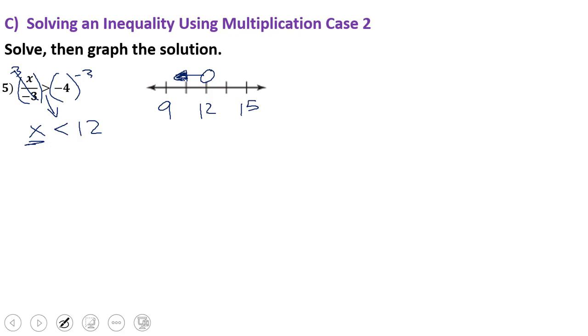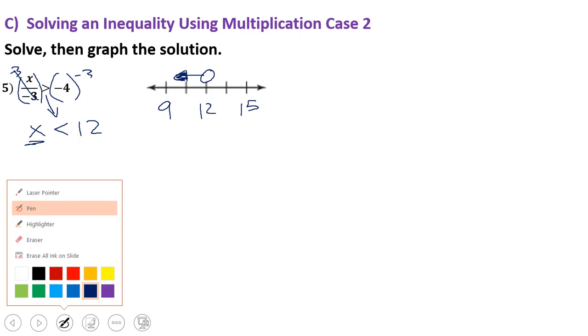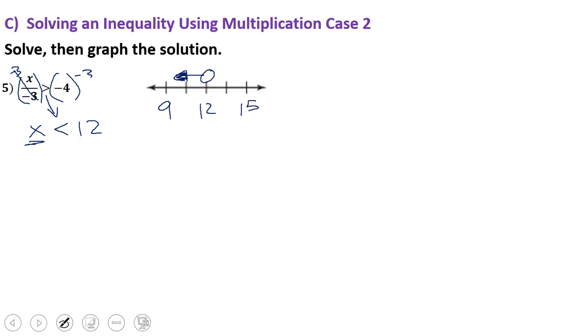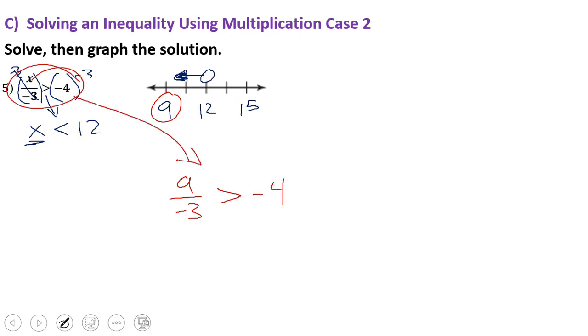Now I'm going to conduct a test and see, did I do this correctly? The first thing I would do is pick 9, because 9 is in the direction of my solutions that say those are true. These are my solutions. I'm going to substitute that in and say 9 divided by -3 is greater than -4. My original statement is written substituting that 9 in.